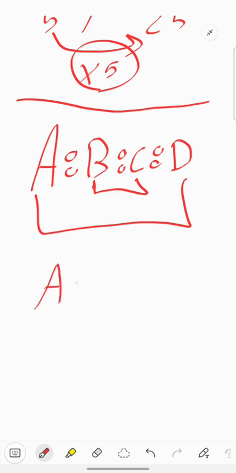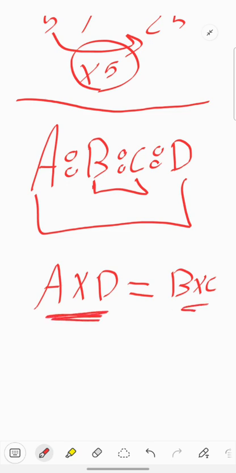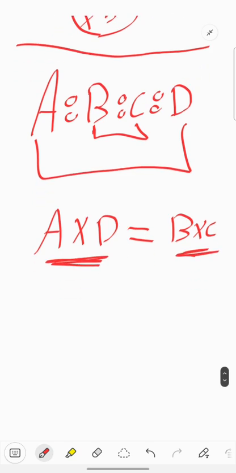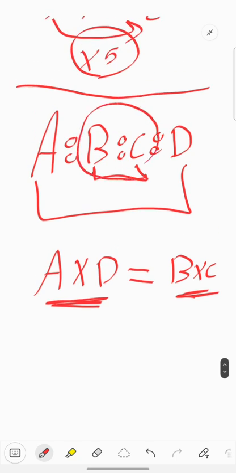So A times D must be equal to B times C. Again, if we have the form A to B to C to D, not a fraction, it's a ratio, and we need to find out whether it is a proportion or not, we need to multiply the extremes, the ones on the two sides, and they must equal the means, the ones in the center, B times C. So if A times D equals B times C, the two ratios are proportion. The ones in the center are called means, the outside ones are called extremes.